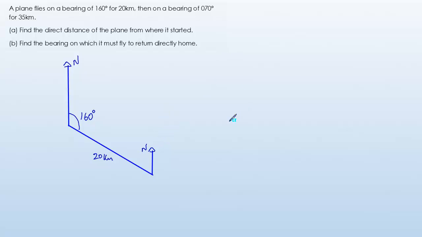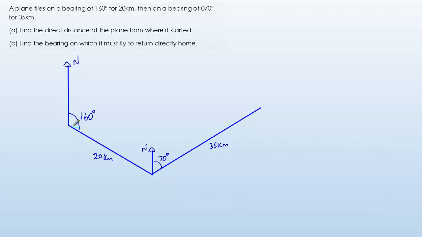Then it's going to go on a bearing of 070, which is just a bit less than 90 degrees. And it's going to go 35 kilometers this way. So this is 35 kilometers. And this angle here was 70 degrees.